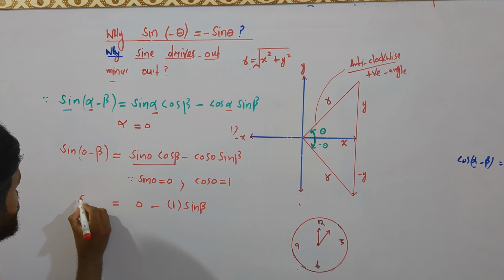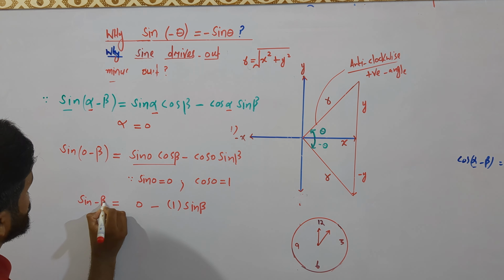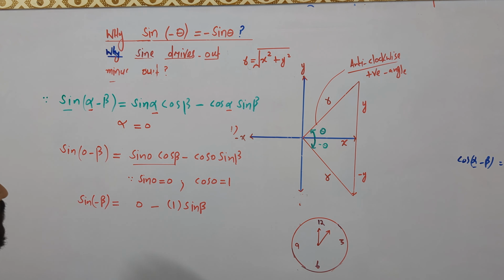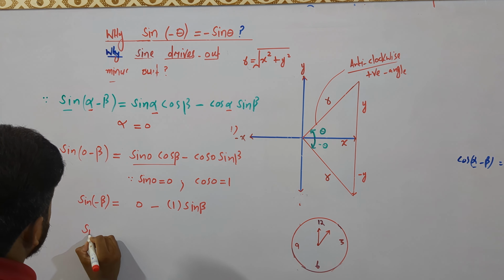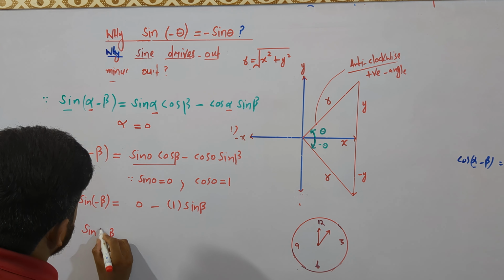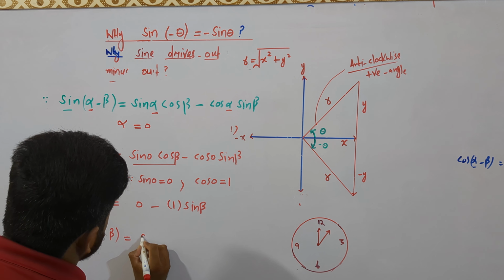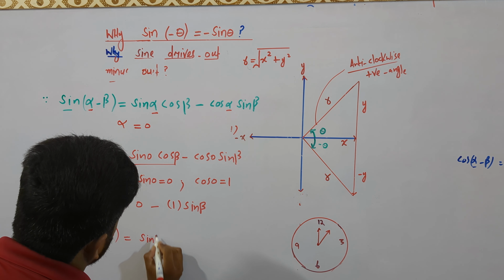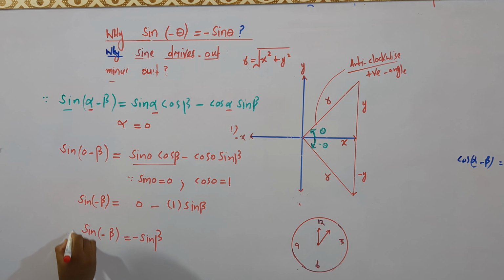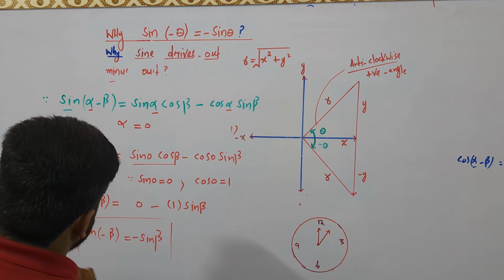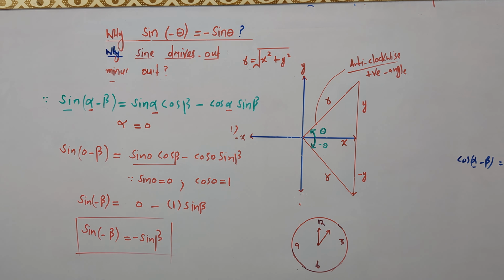So that is sine negative beta. What would be the answer? Sine negative beta is equal to minus sine beta. This is the required result. This is the second explanation of why sine negative theta drives the minus out.